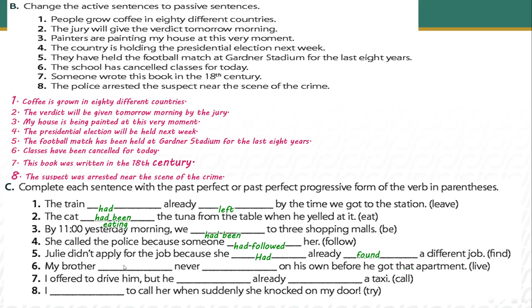Number 6: my brother had never lived on his own before he got that apartment. Let's move to number 7. I offered to drive him, but he had already called a taxi.